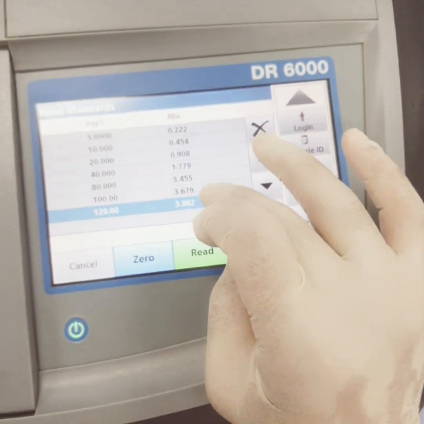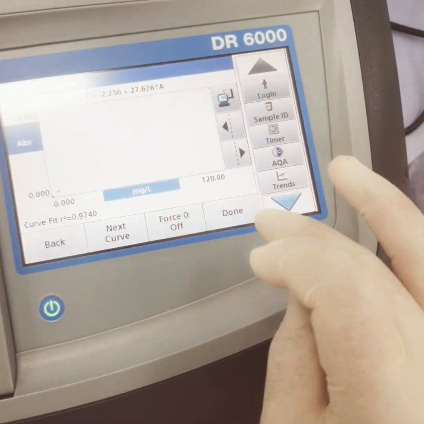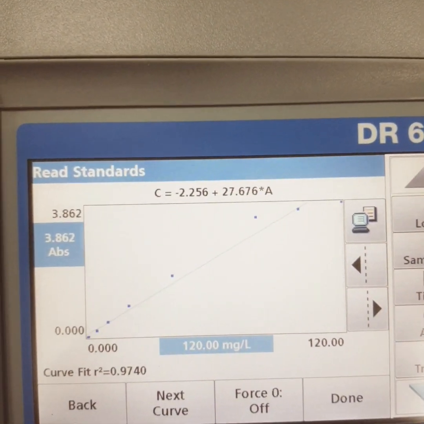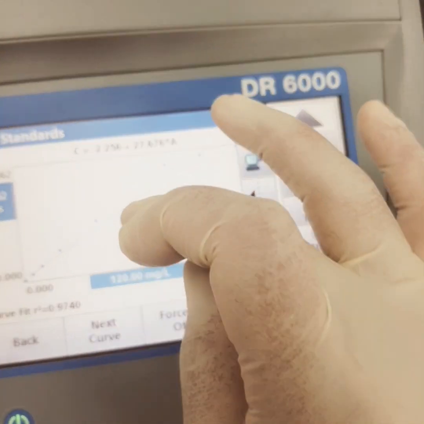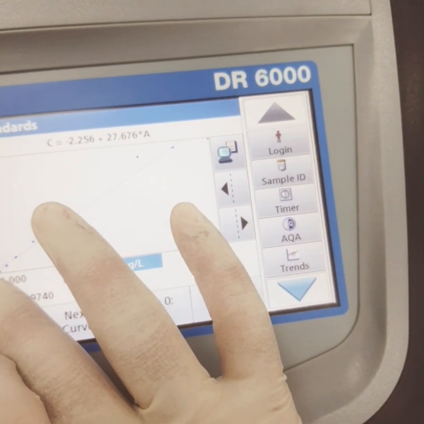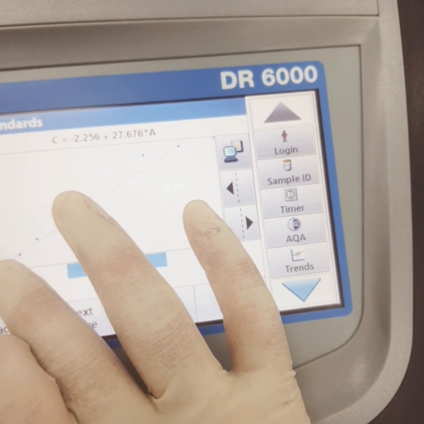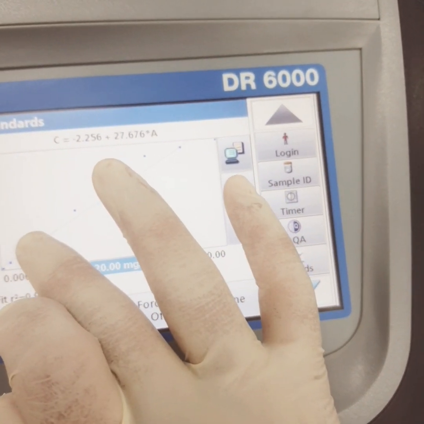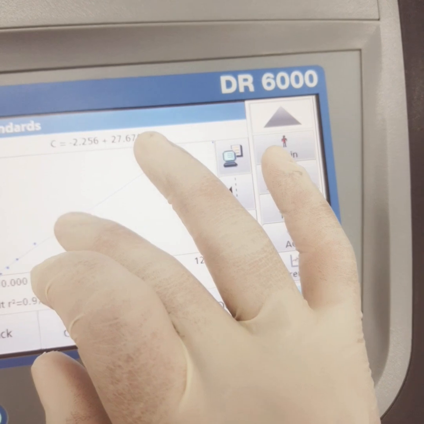Suppose you can go ahead and check. So some of the points like 120, this is starting from 5, 0.5, 1, 10, 20, and this is 40.